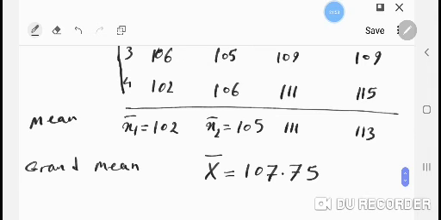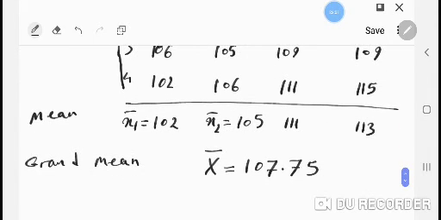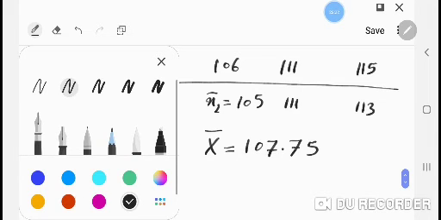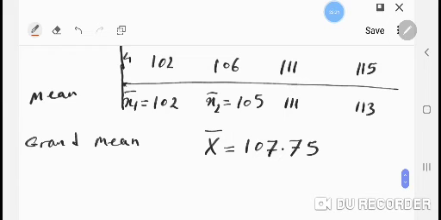We have to find whether there is a difference between a mixed cement and the original cement in its response. Here M is equal to N equal to 4.